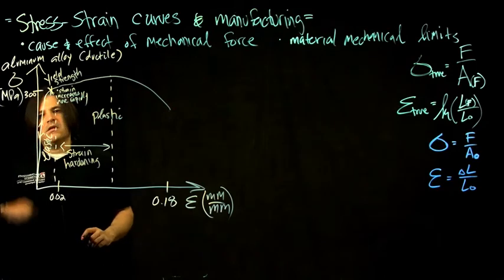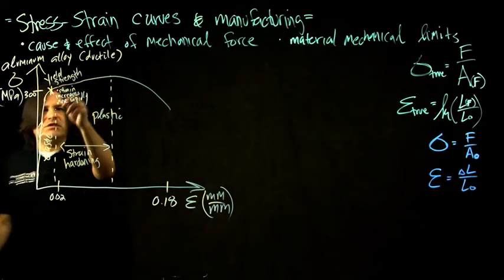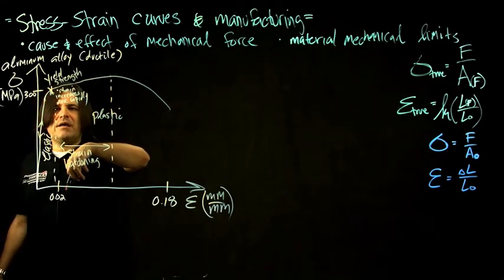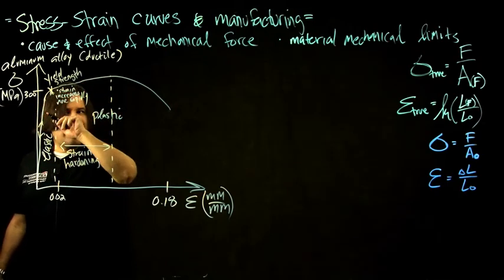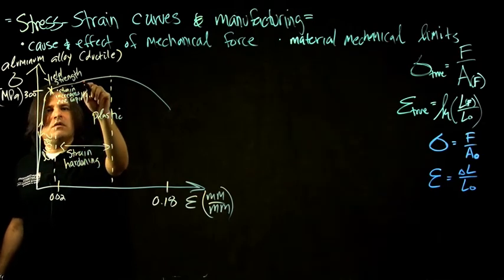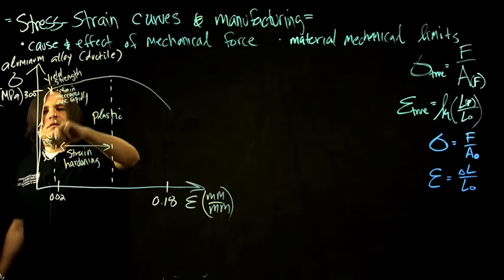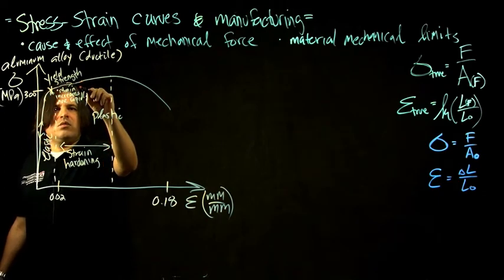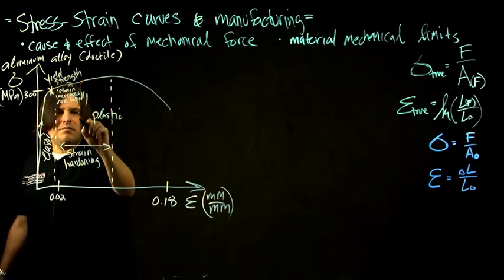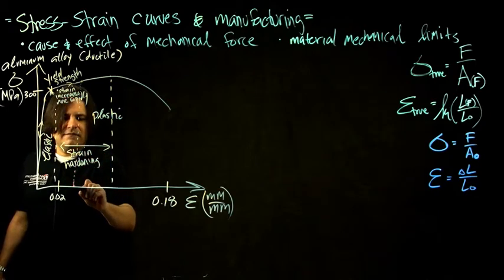So if you did bring this material here and you relaxed it back, it is going to relax to some extent, but not that much. So if this is the slope of the elastic region, if you go this far and you stop, it will relax a little bit, but it's going to have some offset.